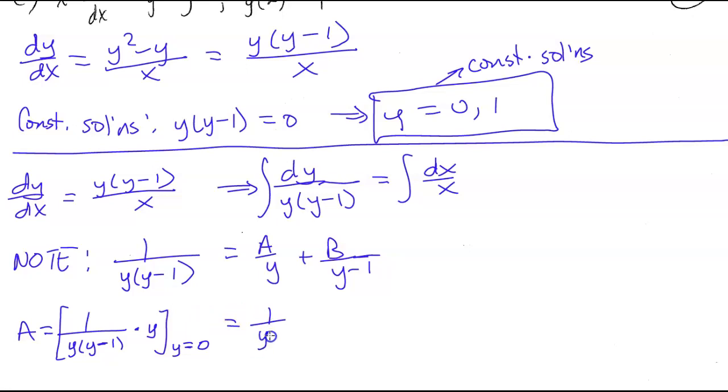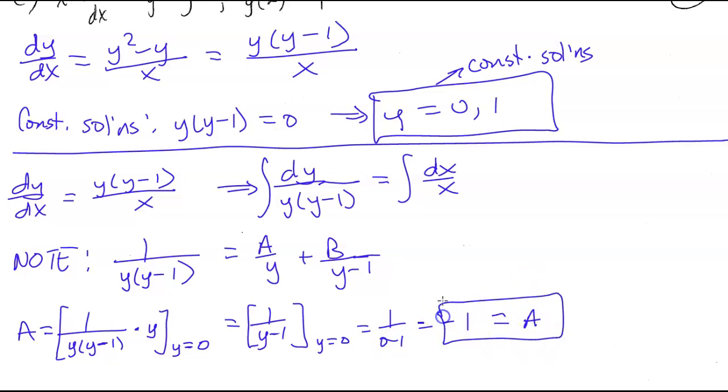So this is essentially 1 over y minus 1, where y is equal to 0, and this is equal to -1. So A is -1.